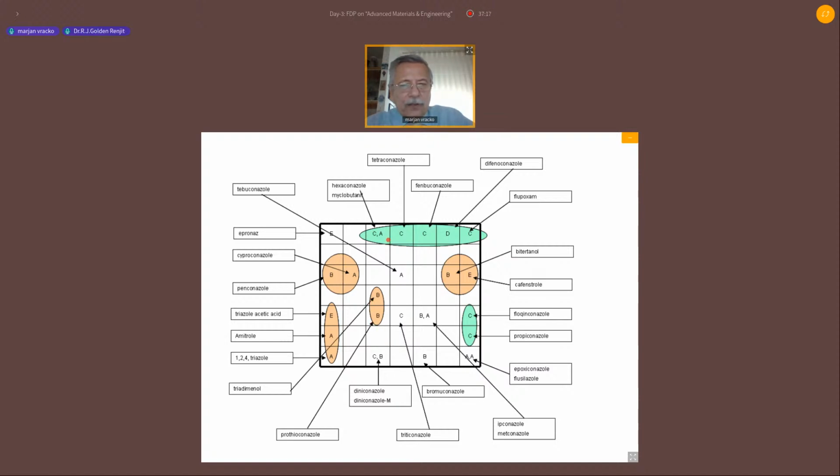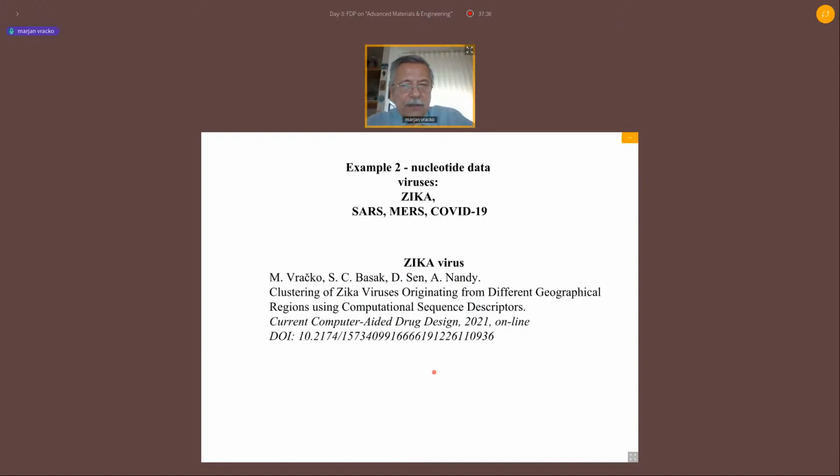Those which are red are more dangerous. Those in green are not compounds of concern. But this is our numerical presentation.